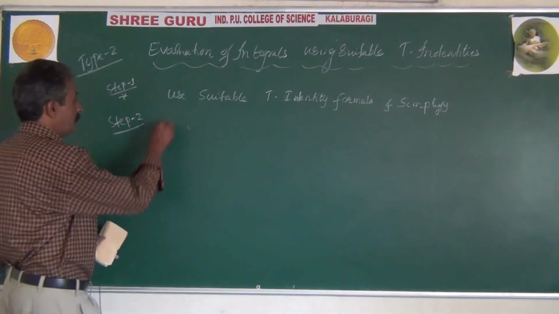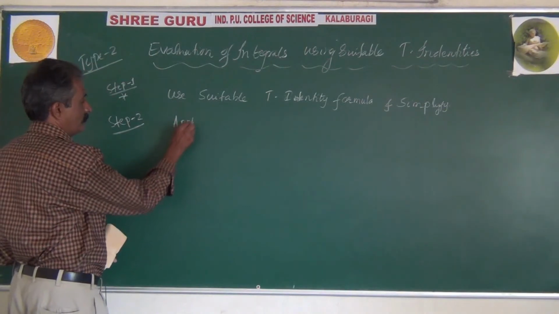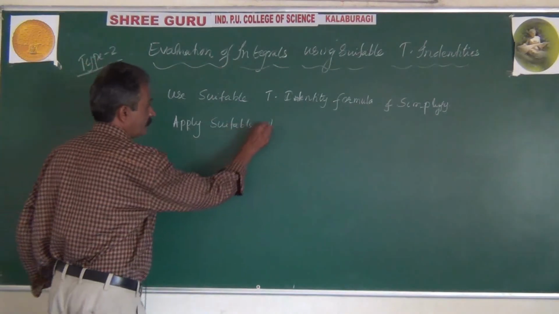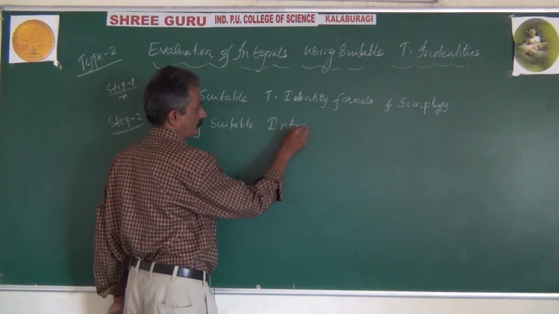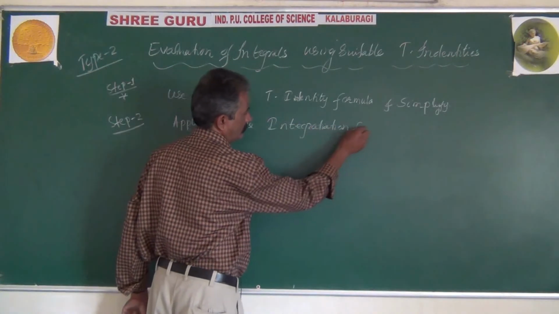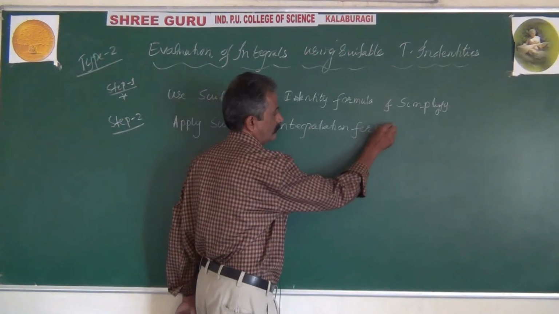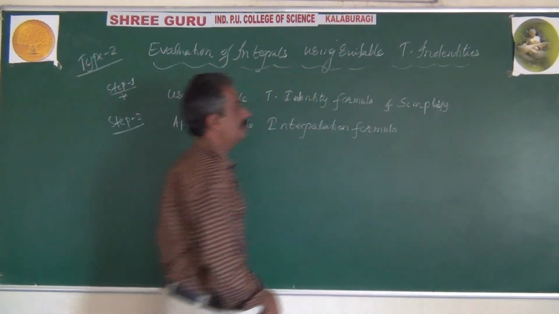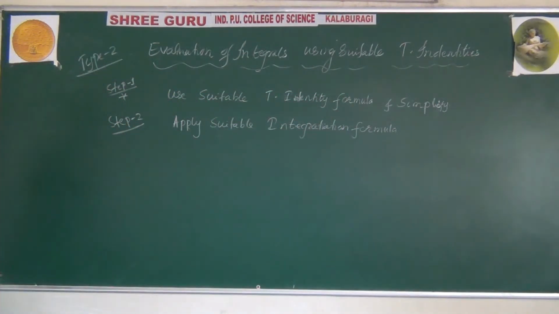Step 2: apply a suitable integration formula. So in every coming problem, first apply a suitable trigonometrical identity formula, then apply a suitable integration formula, plus constant C. So let's have problems on this type.